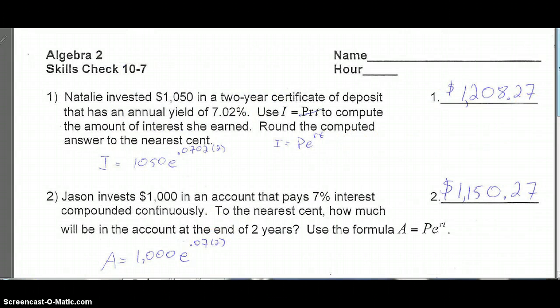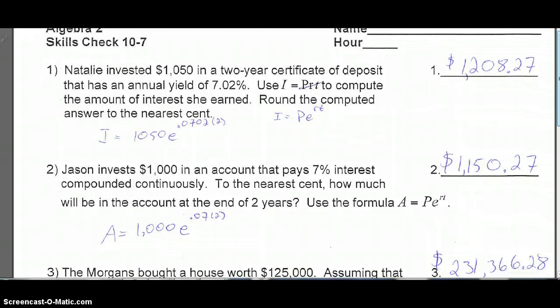On the back, number 1, I thought the equation was wrong. It should be Pe to the rt. So your initial value was 1050, so that's your starting value, and then e raised to the 7.02% as a decimal, so move that decimal over 2 places, so it's 0.0702. r is that, and then t is 2 years.